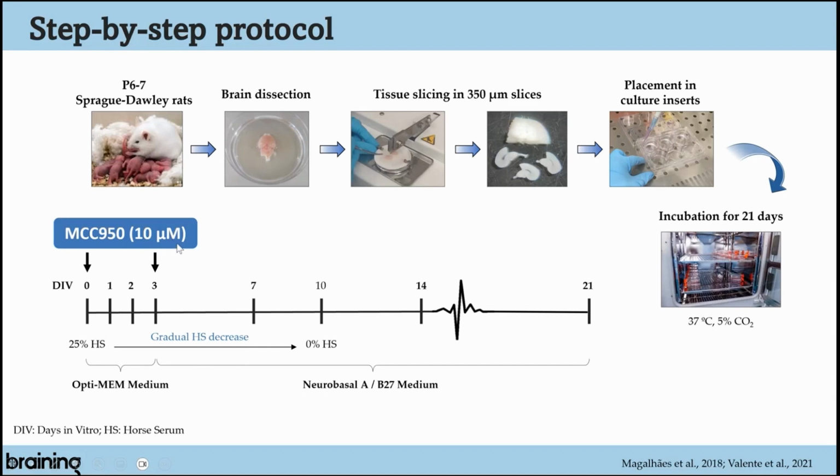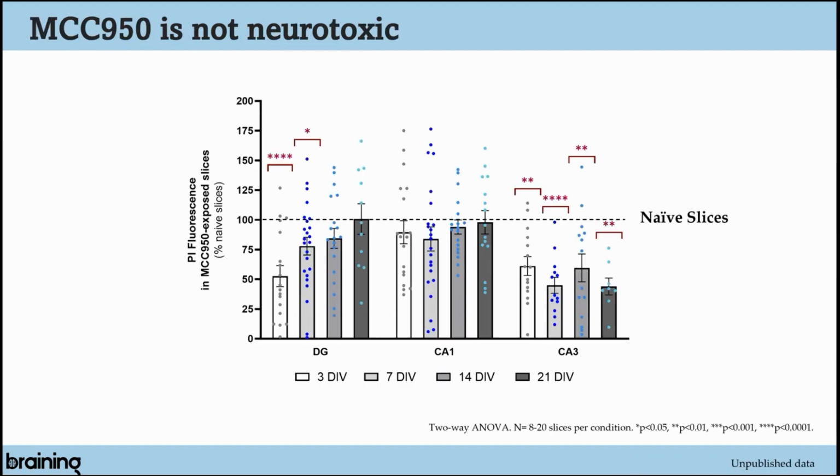If they do not have the drug, they are called naive slices, and the ones with the drug are called the MCC950 slices. So we've compared these two groups of slices. Here we have the PI fluorescence in these MCC950 exposed slices compared to the naive slices. So we used a normalization.